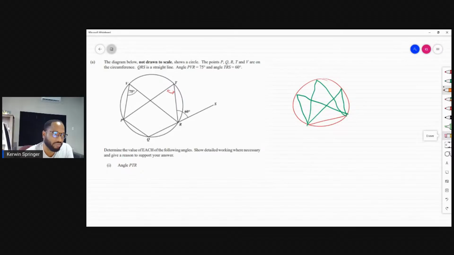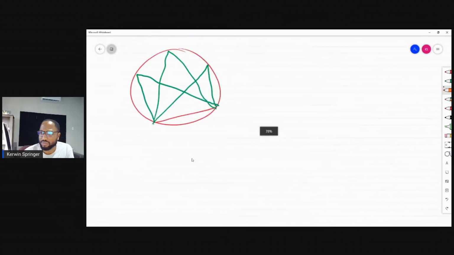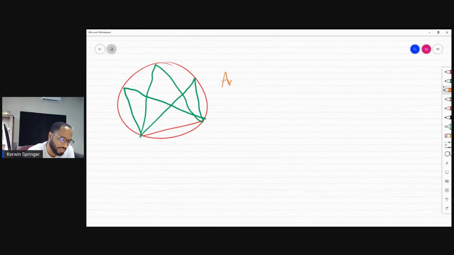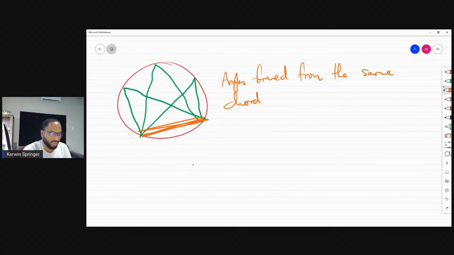You could use all kinds of fancy words like subtended, but once you say angles formed from the same chord. This is a chord here. So angles from the same chord in the same segment, or on the same arc, are equal.